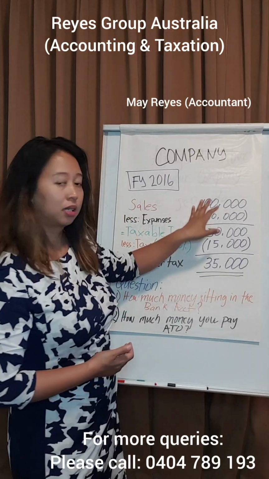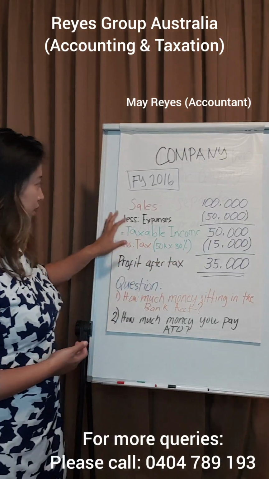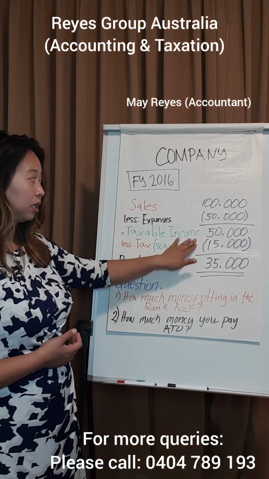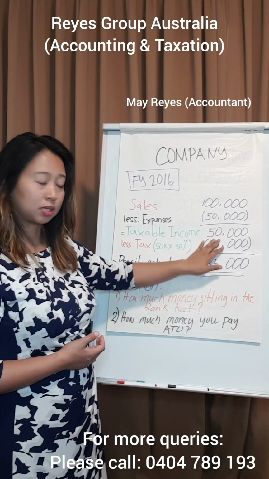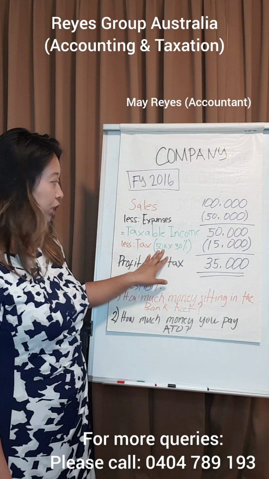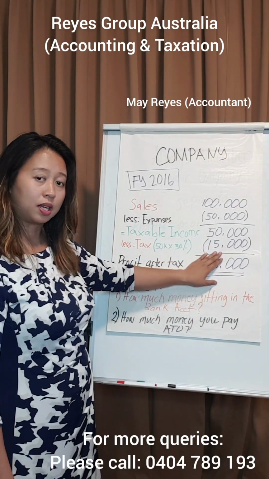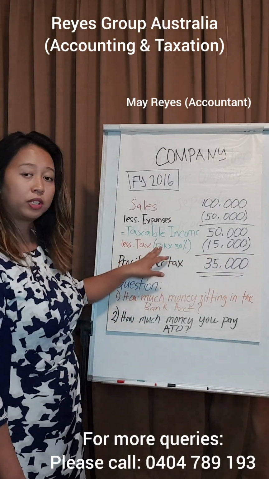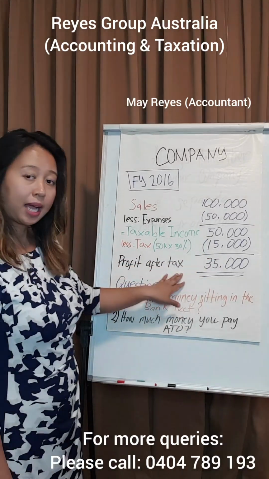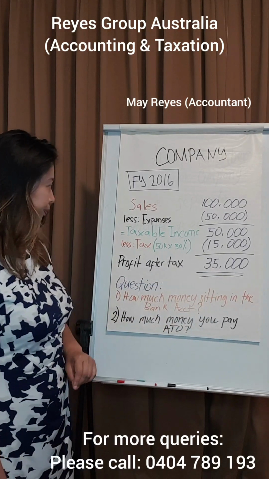Sales, 100,000. Expenses, 50,000. Taxable income becomes 50,000. Less the tax. How much is the tax? 15,000. And how do we compute it? 50,000 multiplied by 30%.